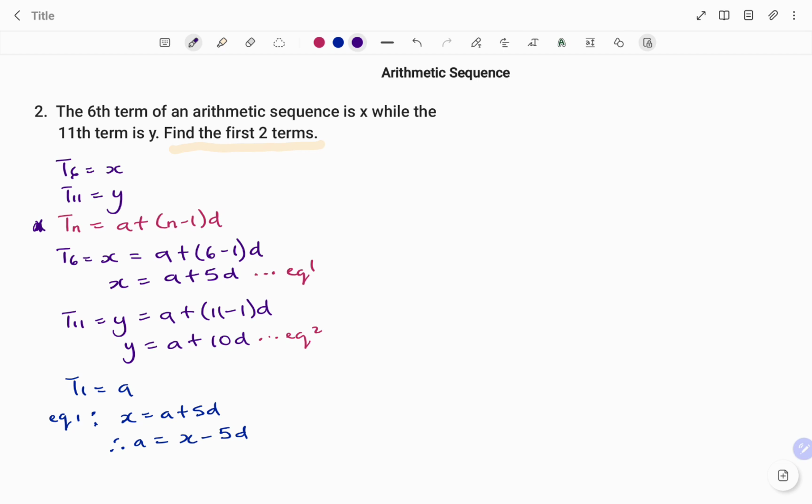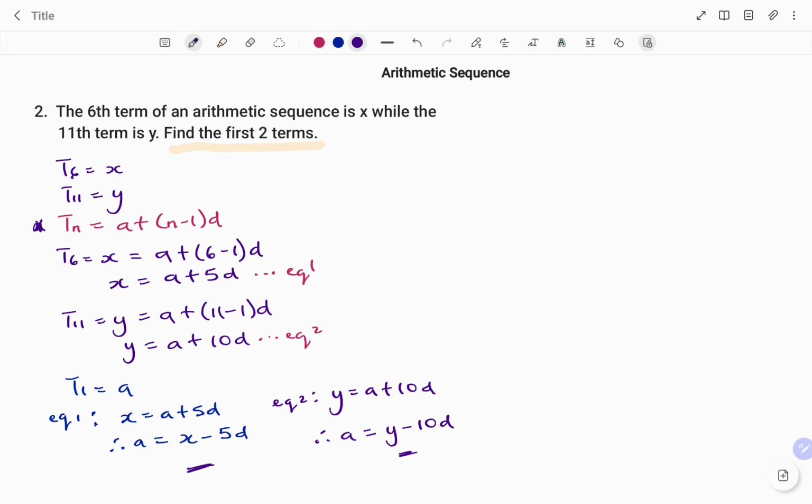Likewise, from equation 2, I have y equals a plus 10d. Making a the subject of formula, we have a equals y minus 10d.